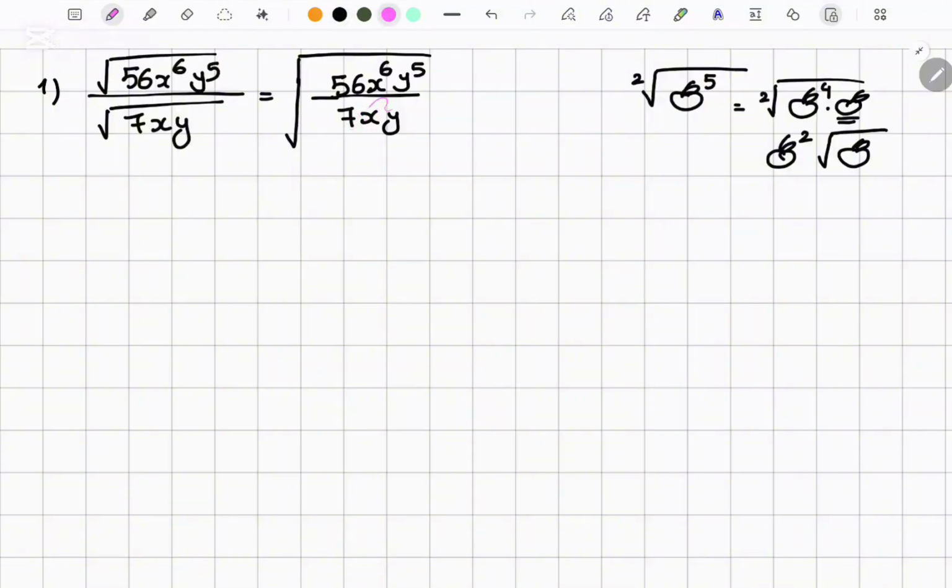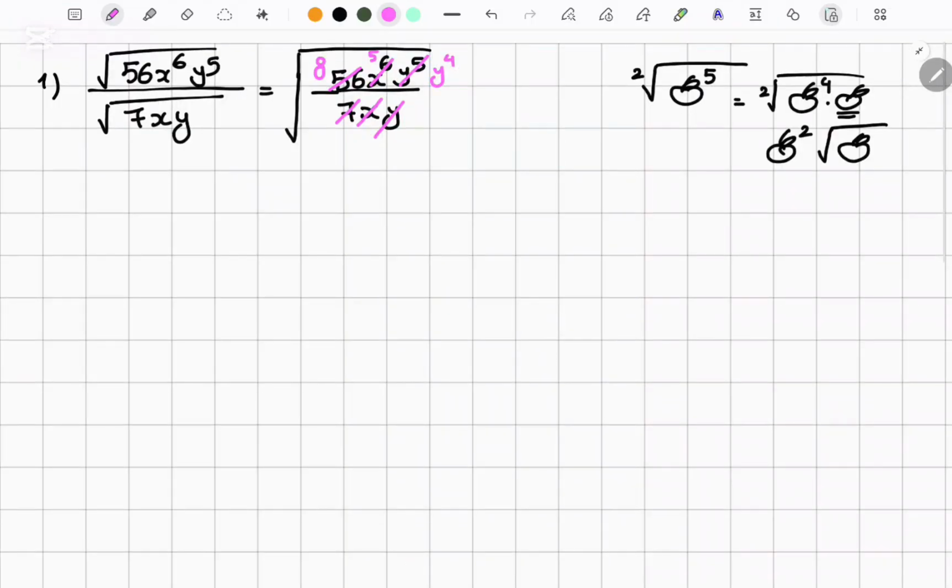So first things first, the 7 and the 56 are going to get simplified. So this is going to be 8. x and x to the power of 6 are going to get simplified, and it's going to be x to the power of 5. And then the y and y to the power of 5, it's going to be y to the power of 4.